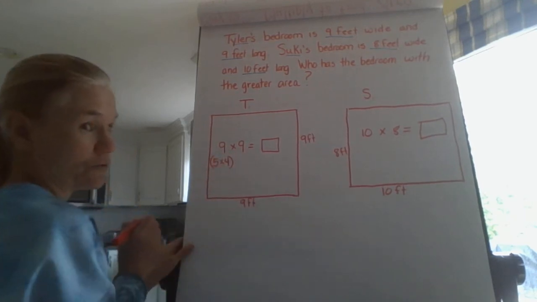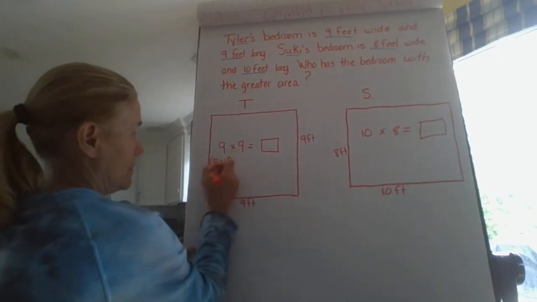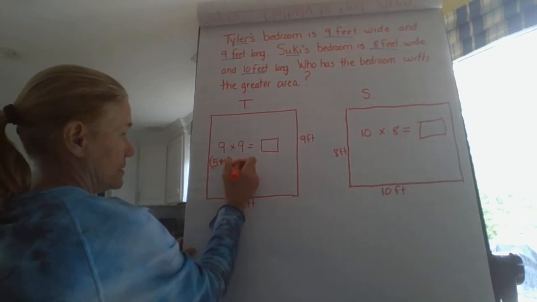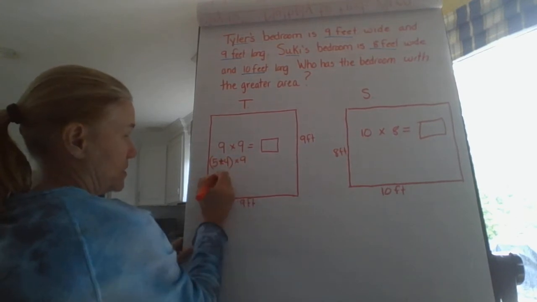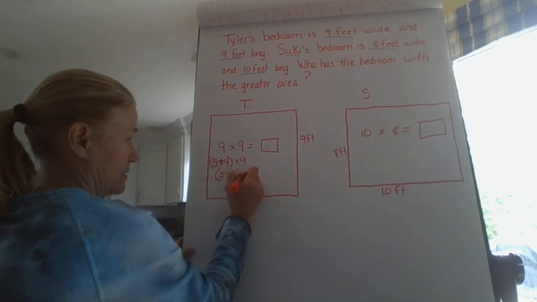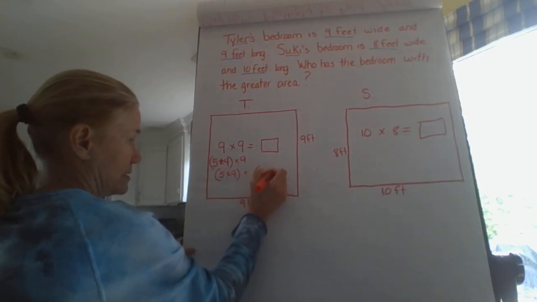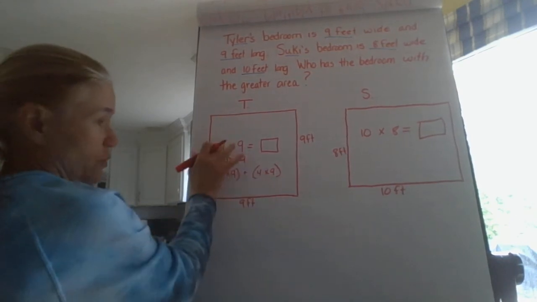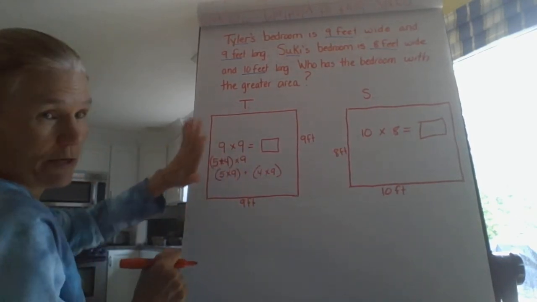Remember my distributive property? So now 5 plus 4 times 9. It's going to give me 5 times 9 plus 4 times 9, just like we did last week. I'm just breaking it apart. If you know 9 times 9, or if you want to count the squares, go ahead.